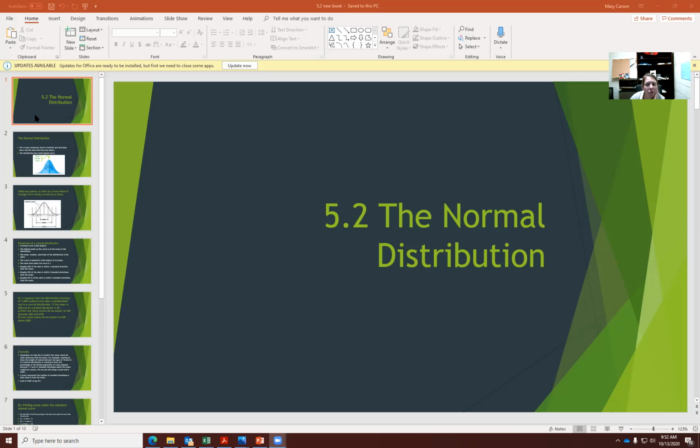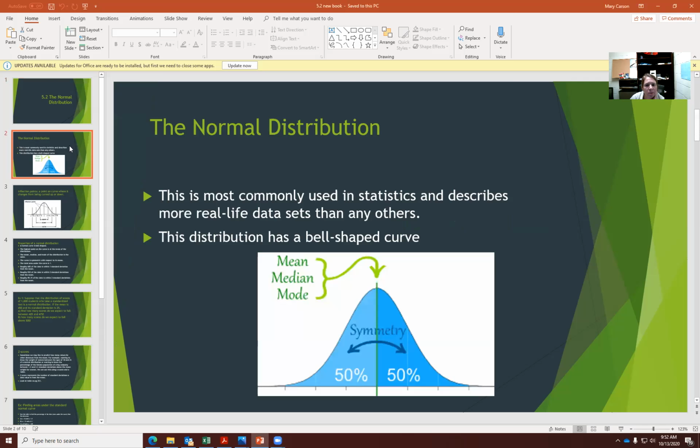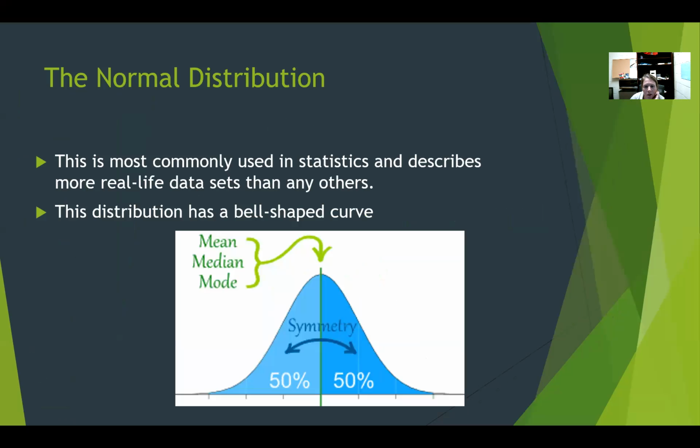All right, so 5.2 is on the normal distribution. If you look in your book, you can follow along. The normal distribution is used in statistics and describes your real life data more than any other.